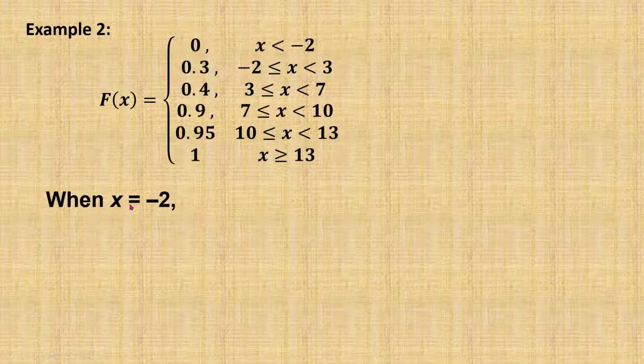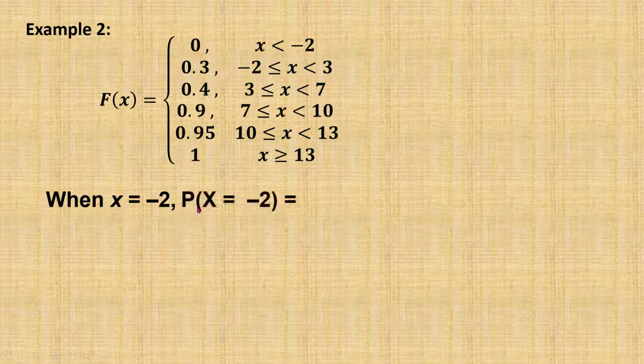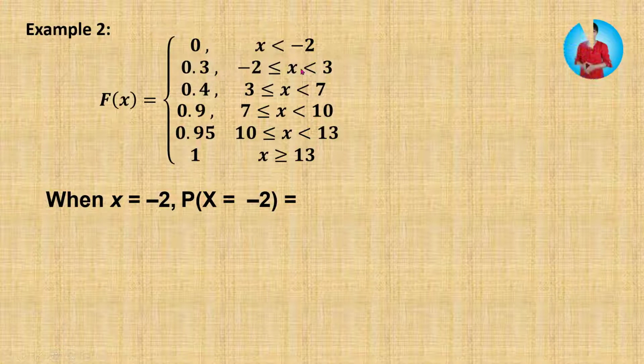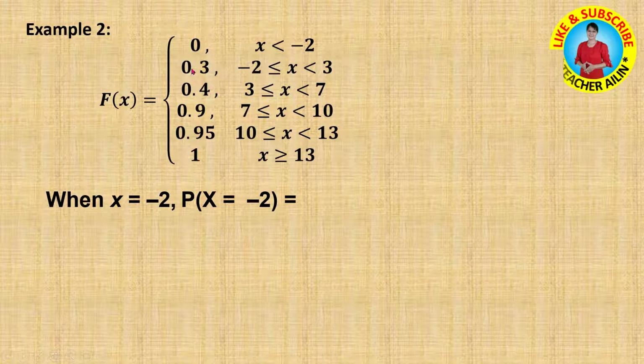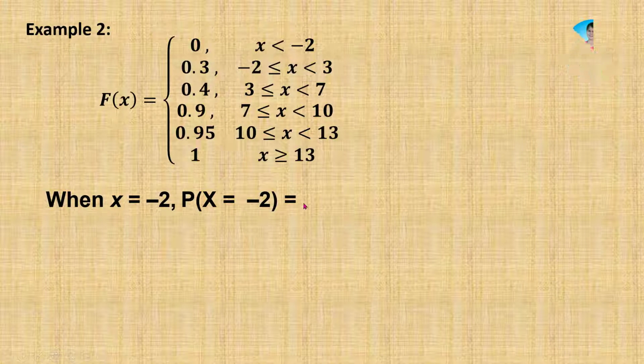First, when x is equal to -2, to find the probability, we are going to use the cumulative value in this interval minus the cumulative value before it. So for this one, it is 0.3 minus 0, which is equal to 0.3.